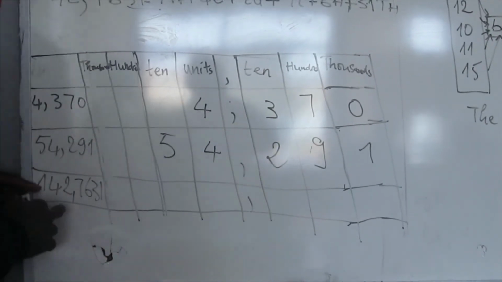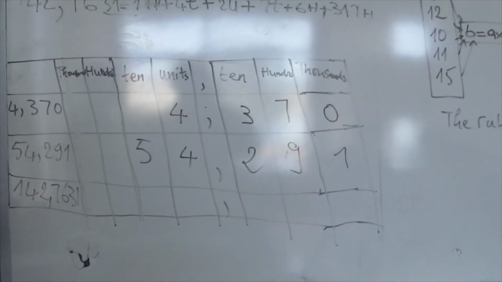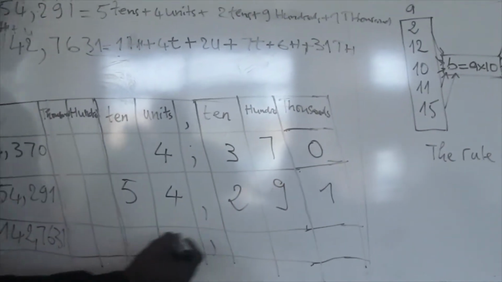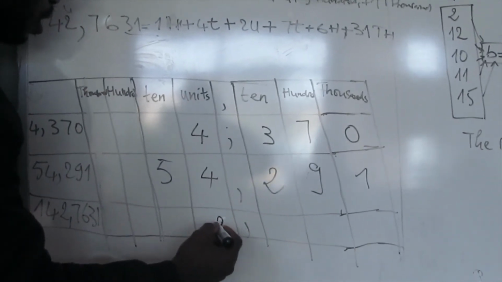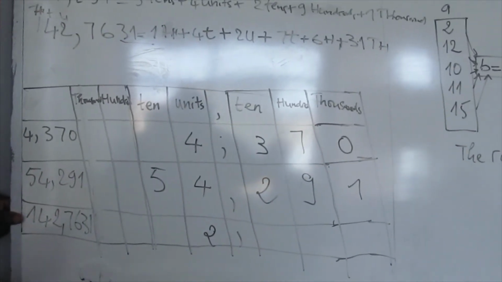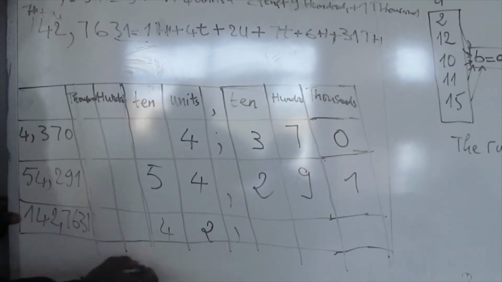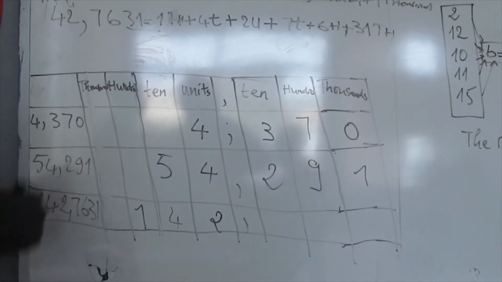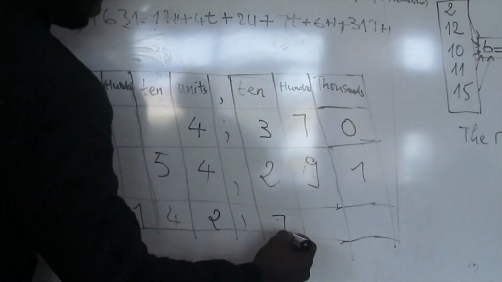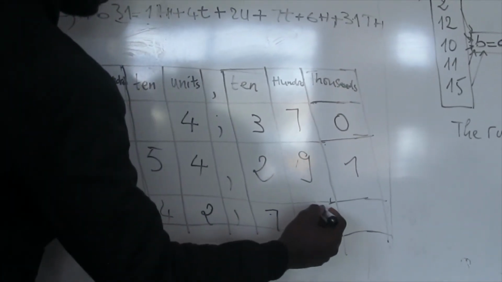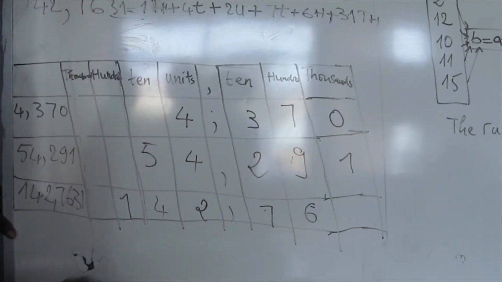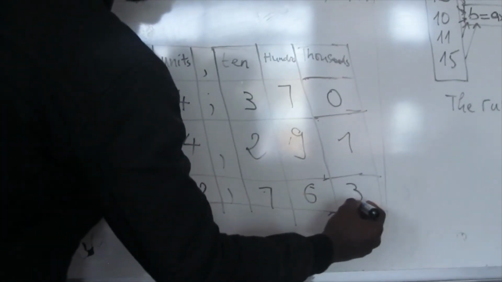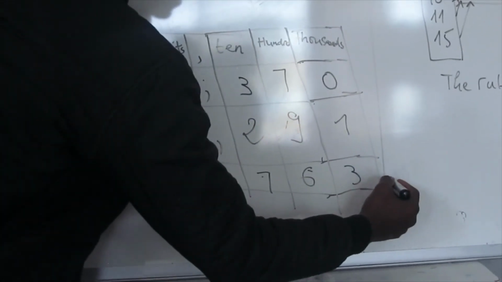We do the same with this last example. We start with the first digit from our right going to our left: 2 units and 4 tens, then 100. After the comma, we have 7 tens, 600 and 31,000.